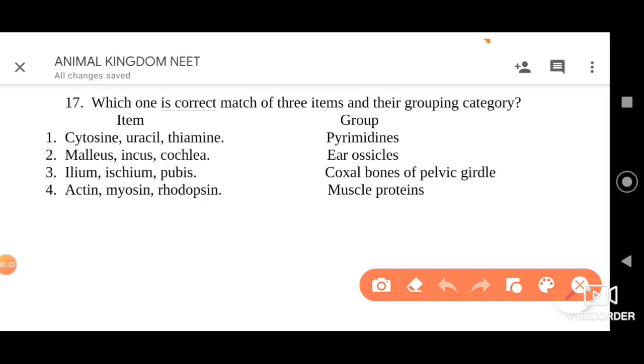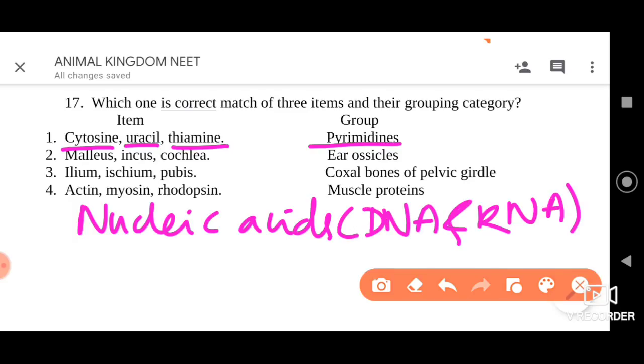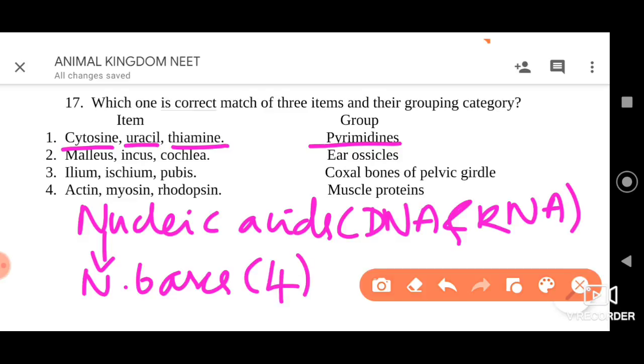Let us go with the first option. We have cytosine, uracil and thiamine. So here they are saying it as pyrimidines. To understand this, when we are talking about the nucleic acids, that is the DNA and RNA, there are 4 nitrogen bases present in total.